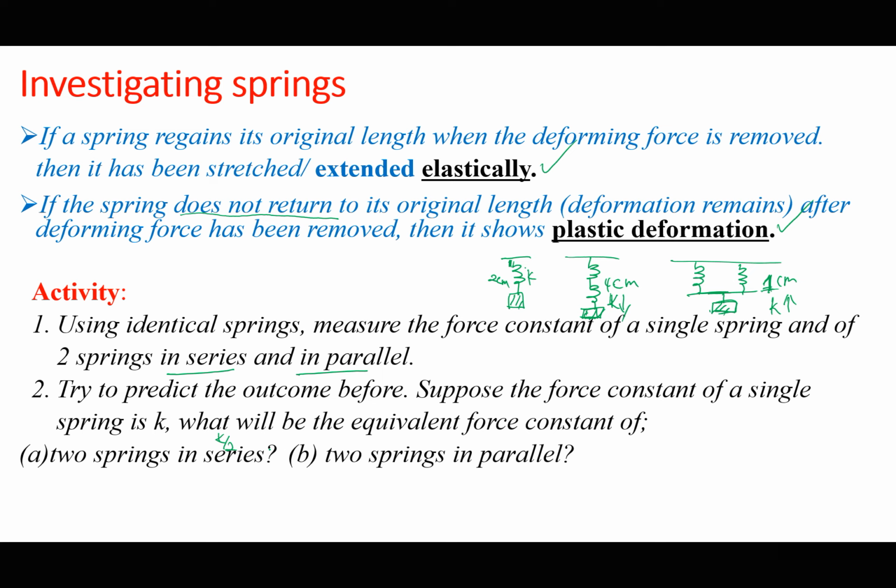And I'm predicting that if they are in parallel, because the force constant increases, then if there are 2, it is most likely going to be 2K. If there are 3, it is most likely going to be 3K. 4, it is most likely going to be 4K, and so on and so forth. Because in parallel, it becomes harder to stretch. That means the force constant increases. In series, it becomes easier to stretch, which means the force constant decreases.